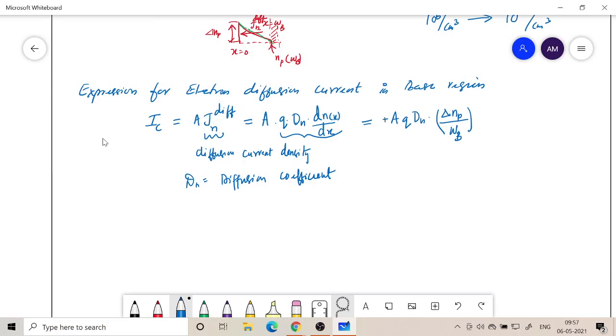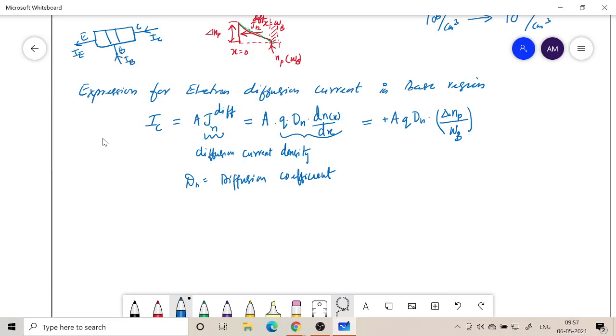Our convention is such that for an NPN transistor with 3 terminals, this is your collector terminal, emitter terminal and the base terminal. The current direction we always take in the direction of flow. So this is our IC, and this, I told you already, is our IE, and then IB will be like this.